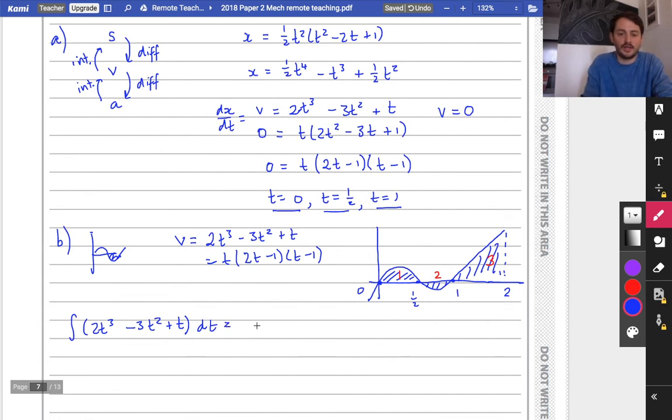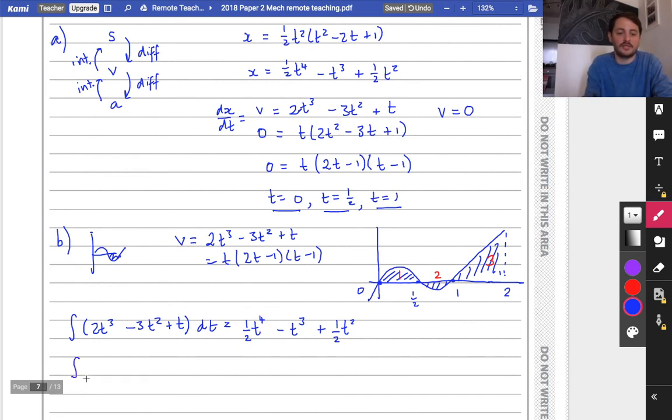Well, we know that we're going to get t to the power of 4, increase the power and divide by the power, so it becomes a half t to the 4, and increase the power on this next bit, so it's cubed, and divide by 3, and increase the power on the next bit and divide by the reciprocal. Oh wait, it's exactly what we're expecting it to be. It's actually what x is. So we don't really need to do this each time. We can actually just think about how it's going to behave now that we have this section.